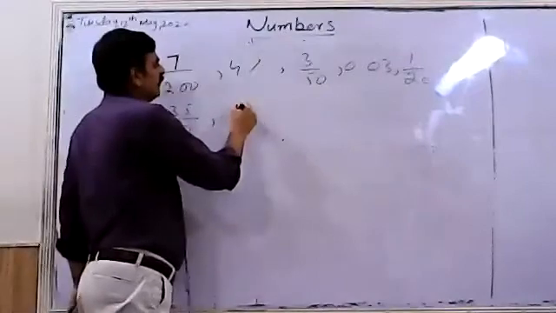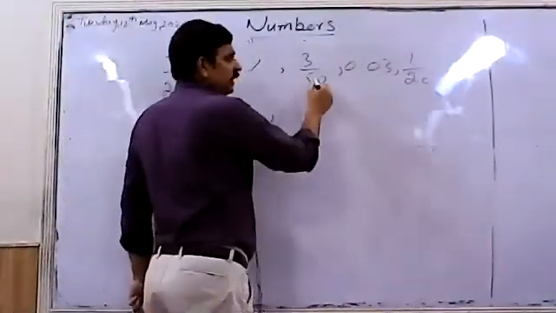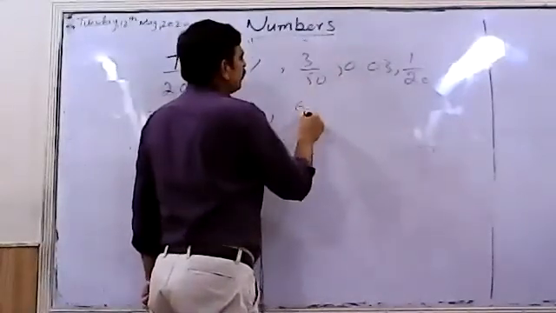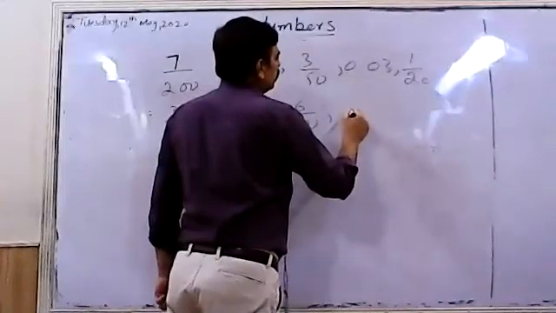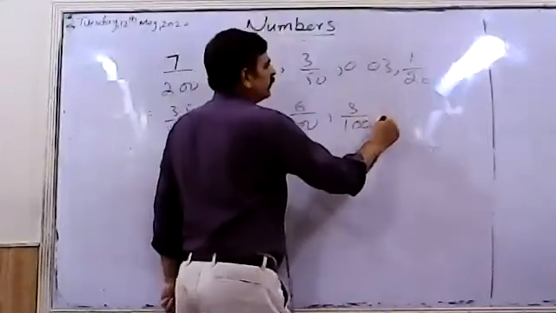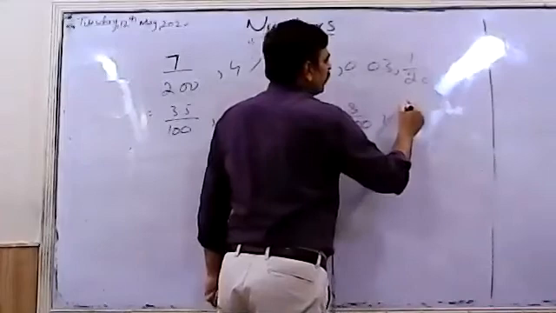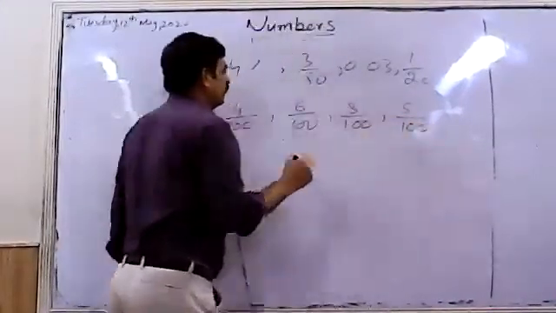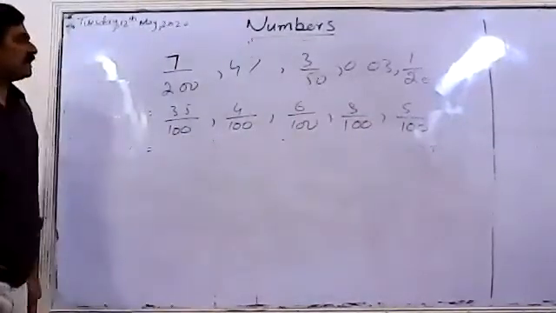Next, 4% means 4 over 100. 3 over 50: if we multiply both values by 2, it becomes 6 over 100. 0.03 becomes 3 over 100. 1 over 20: if you multiply both values by 5, 5 times 1 is 5 and 5 times 20 is 100. We can easily find which is the smallest value.